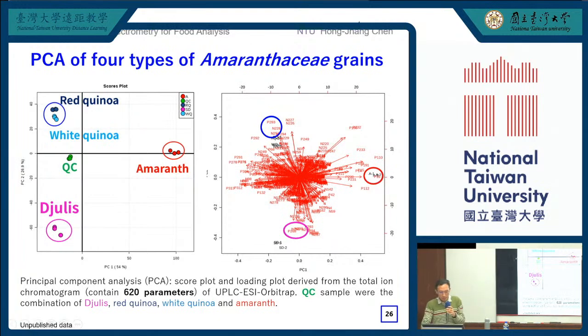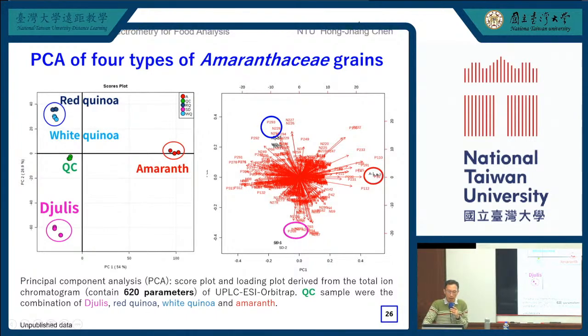Okay, so in this one, we can see that this is Julius and this is amaranth. They are located in different quadrants, right? Amaranth is located in the first quadrant, and Julius is in the third quadrant. That means these two are not the same. Then quinoa is here. So after the non-target analysis, I can differentiate Julius from quinoa and amaranth.